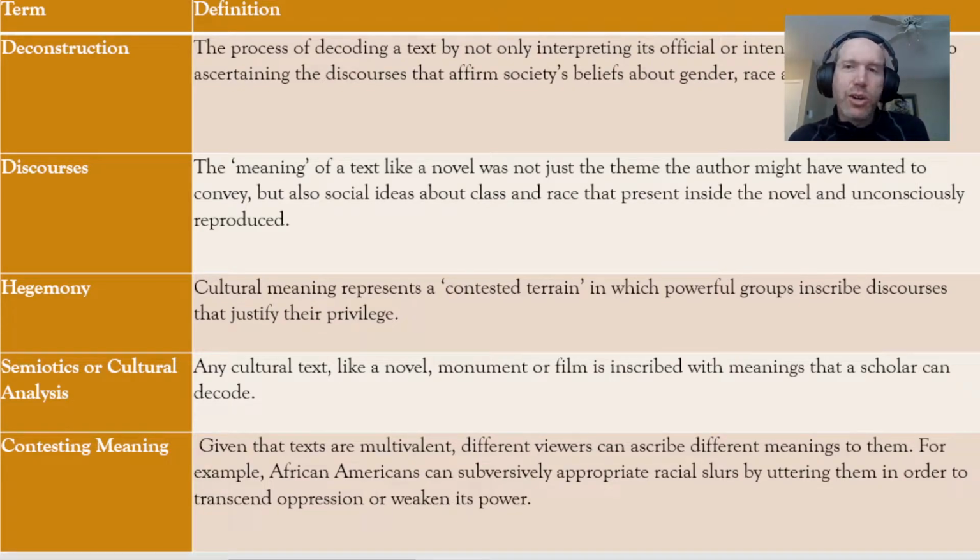Semiotic analysis or cultural analysis are terms that argue that any text is a symbol system, and that therefore one can deconstruct it or read it to analyze some of the discourses in society. In other words, this film is part of a larger Germany in the 1930s. It's part of the Nazi state, and its ideology is about race.